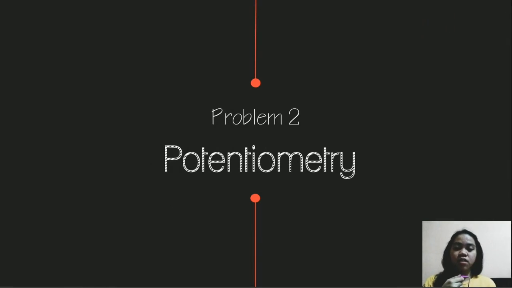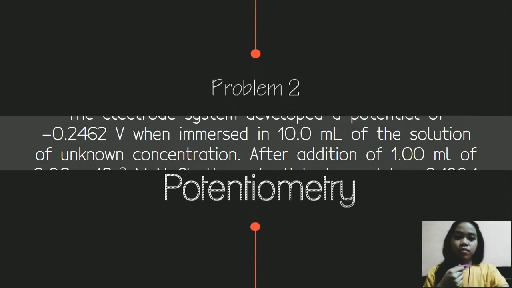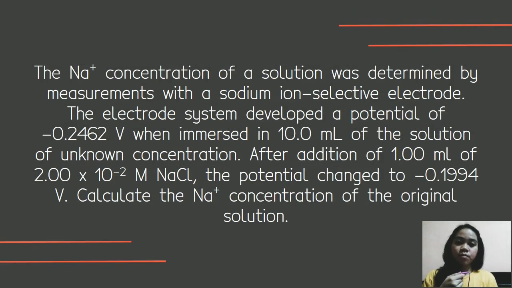Let's move on to question number 2. This question also came from the book Fundamentals of Analytical Chemistry by Skoog, 9th edition, chapter 21, question 26. The Na+ concentration of a solution was determined by measurements with a sodium ion selective electrode.